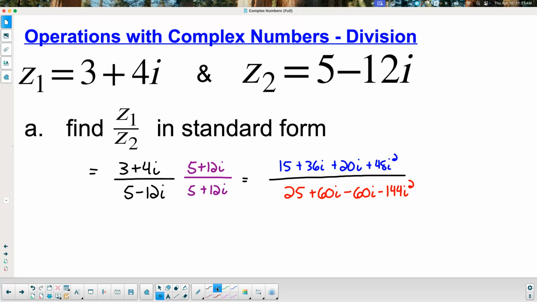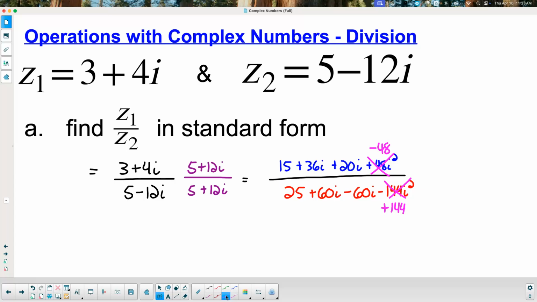Okay? What does 48i squared become? Negative 48. What does negative 144i squared become? Positive 144.